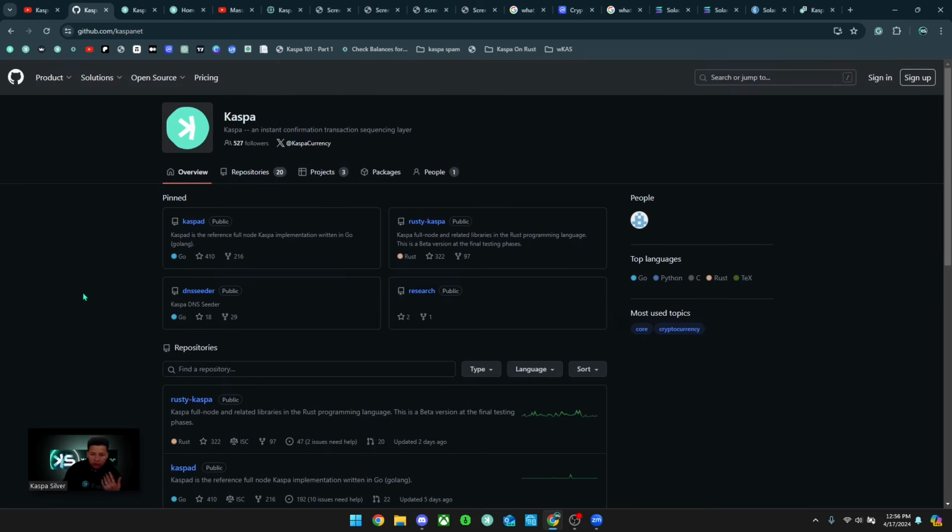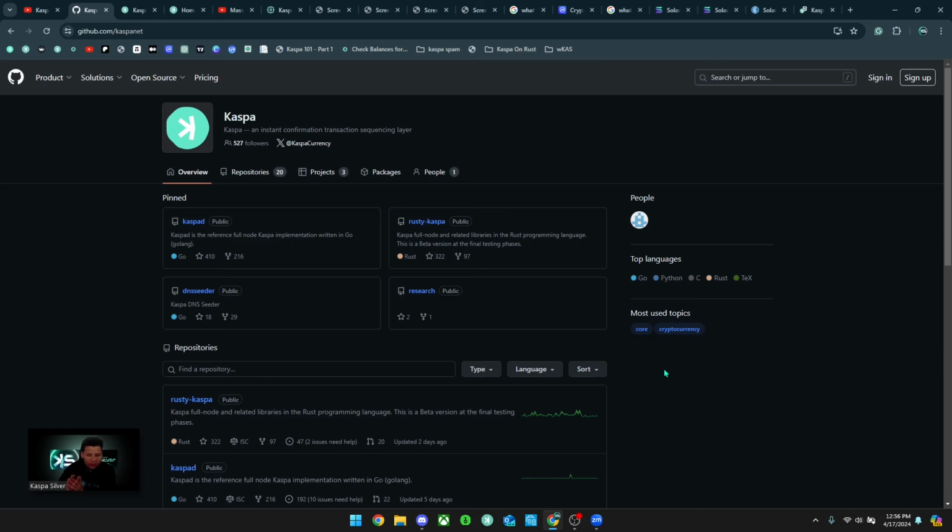All of the code for different cryptocurrency projects is written in coding languages. So there are things like Go, Python, C++, Rust, and so on. Currently, the network that is being run right now for the mainnet, where we are holding our Kaspa coins, is on the coding language known as Golang.